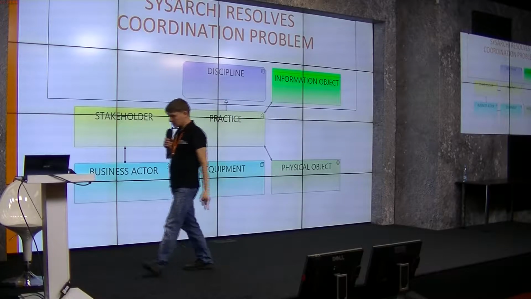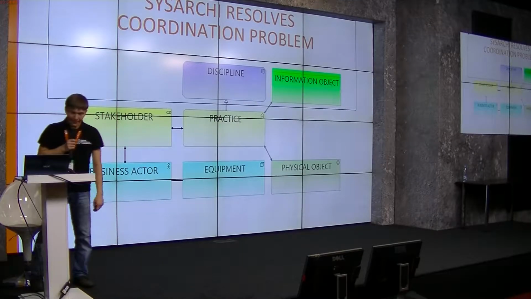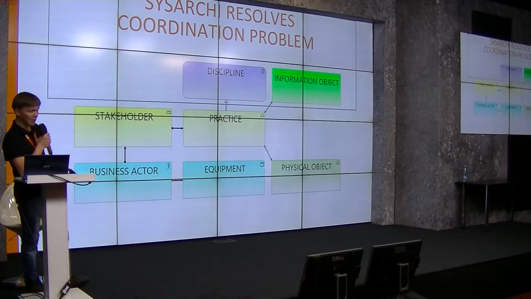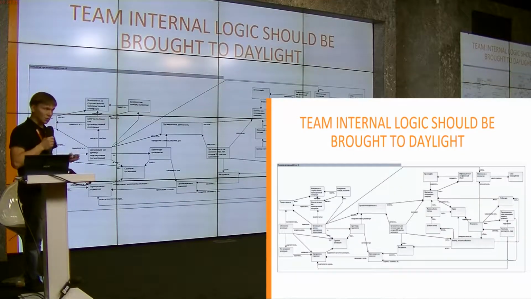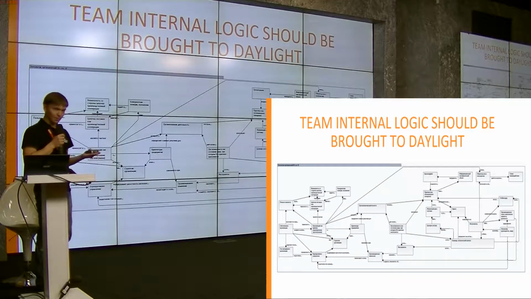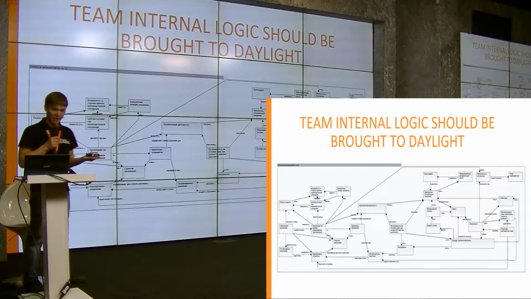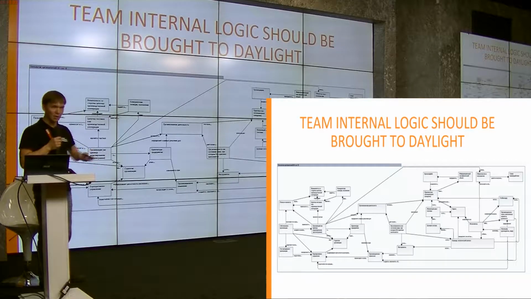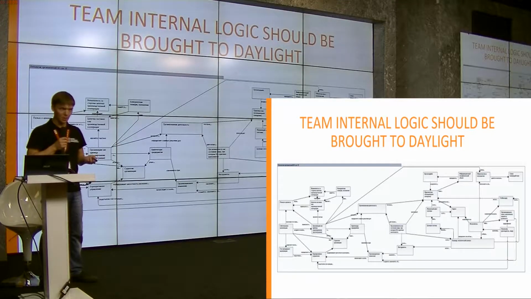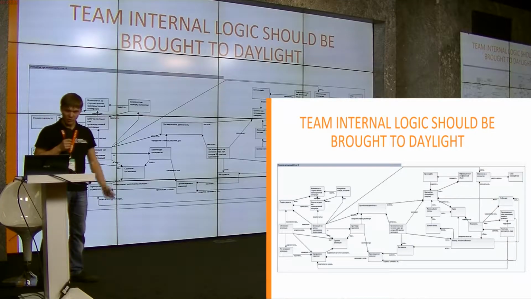And this SysArchi model resolves your coordination problem, because it brings out all the project ontology as a result of team modeling. It brings out all the project ontology to daylight, and you can discuss the logic of the team. You can find faults and improvements.